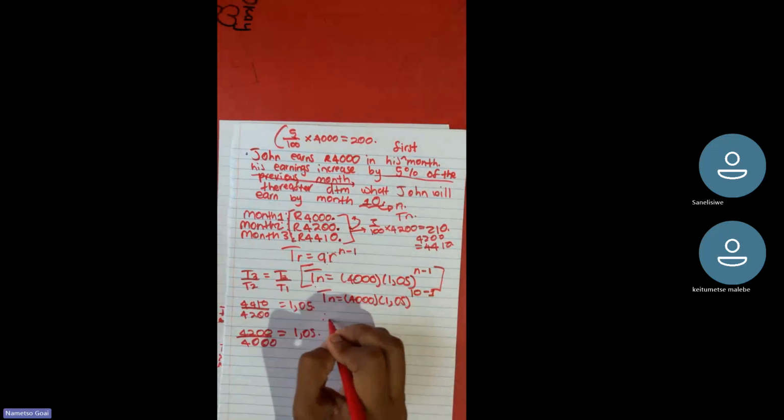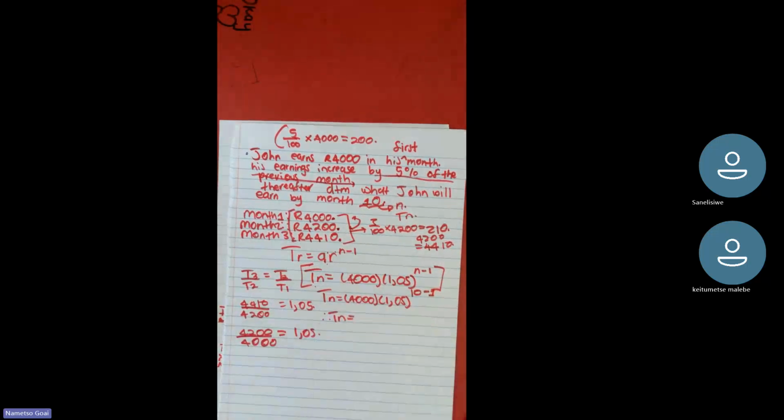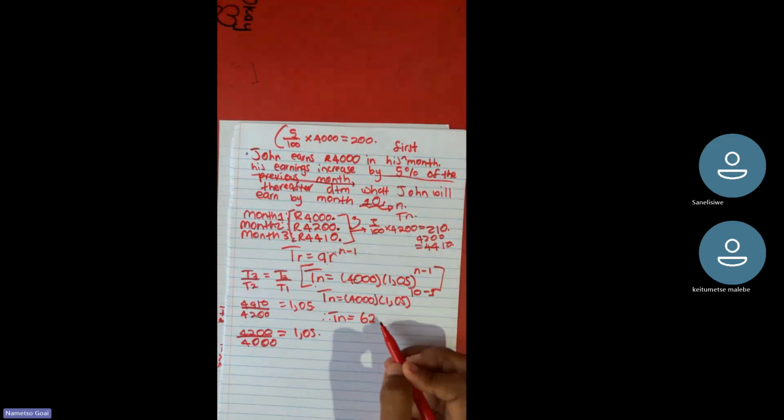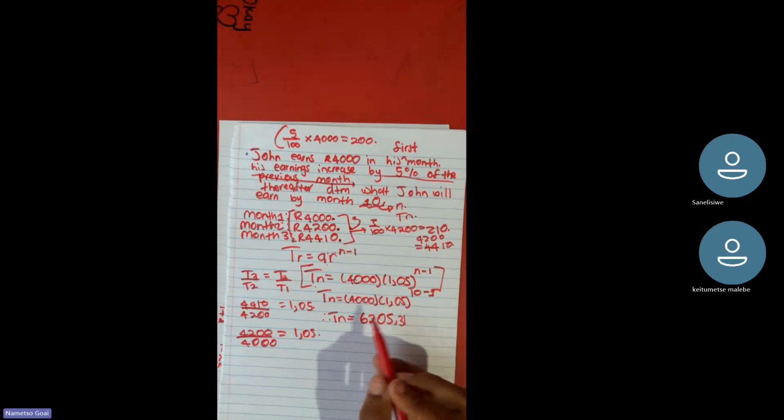So therefore, our Tn will be equal to 4,000 all into 1,05, close bracket, all raised to the power 10 minus 1, which will just be 9. So by month 10, John will be earning 6,205,31.